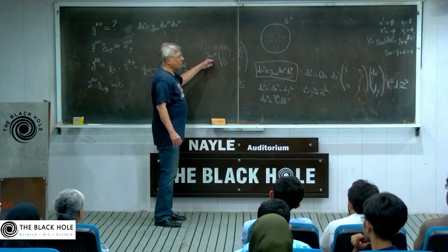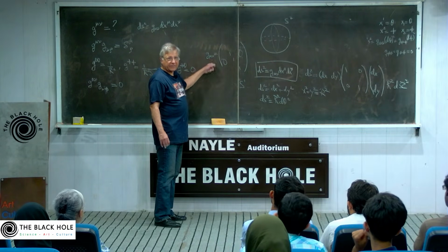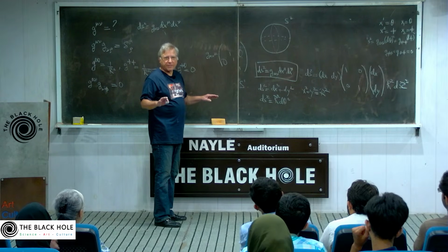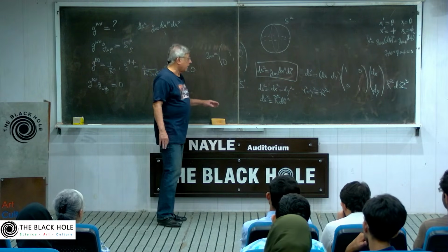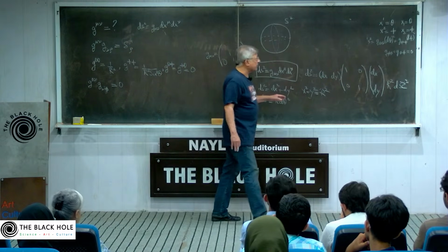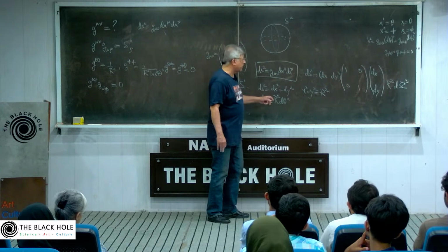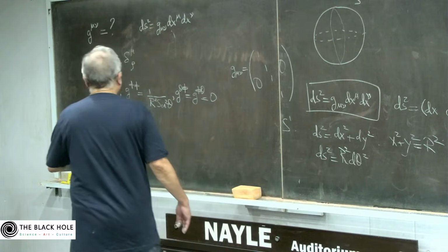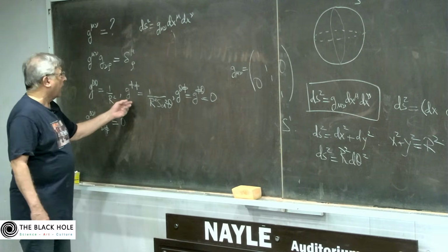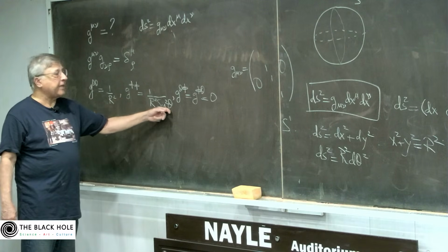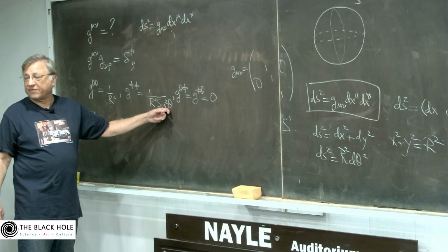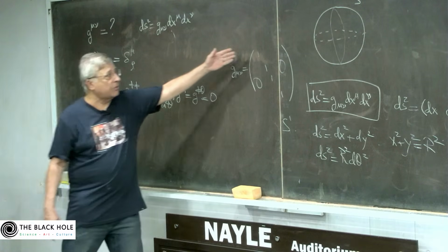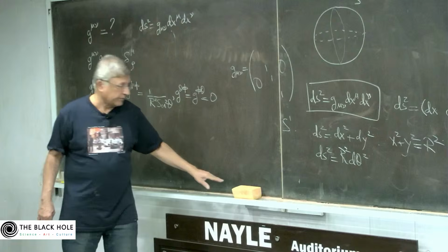That is what gives you the identity matrix. In flat space, the metric does not depend upon position. Here, it obviously does depend upon position. g phi phi depends upon the value of the coordinate, whereas here, they are all the same.